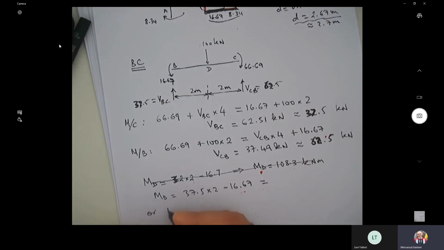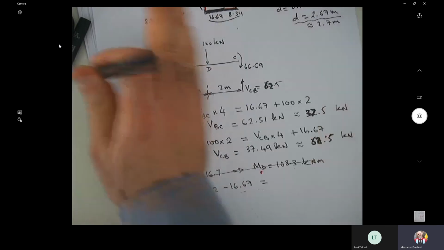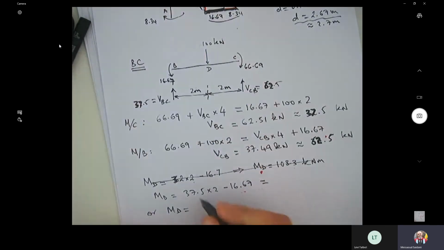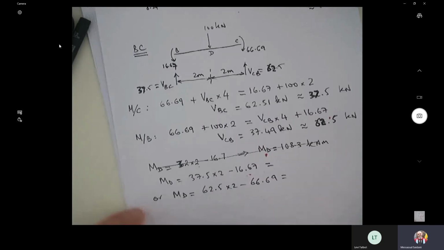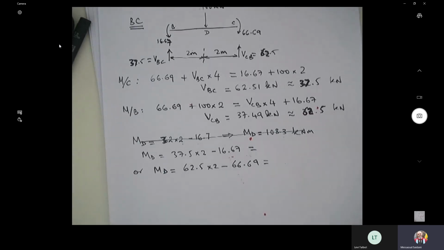And I should have the same answer from the right, which is 62.5 times 2 minus 66.69. Please give me the same answers. It is. Yes. It's not a problem making mistakes, as long as you know, and then you can rectify.